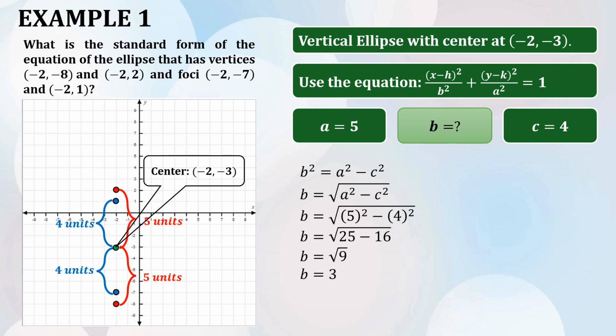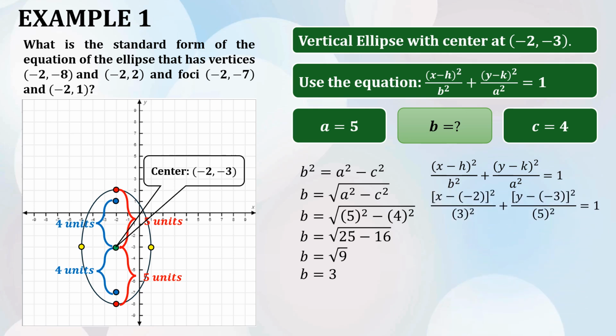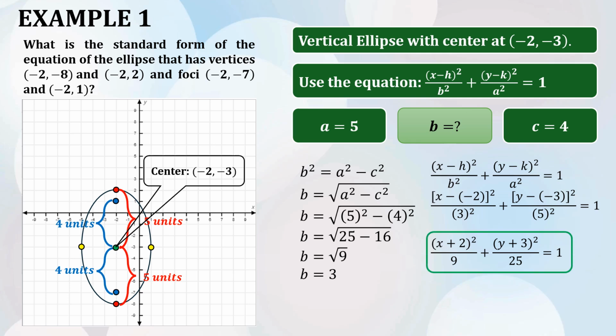Substituting then the values of h, k, a, and b in the formula, we will obtain (x minus -2) squared over 3 squared plus (y minus -3) squared over 5 squared is equal to 1, which when we simplify, we will have the quantity (x plus 2) squared over 9 plus the quantity (y plus 3) squared over 25 is equal to 1.